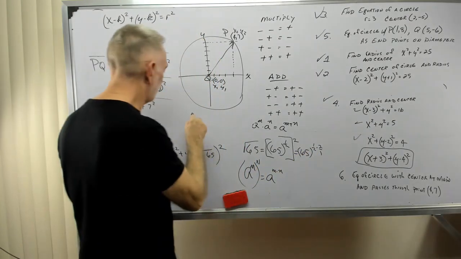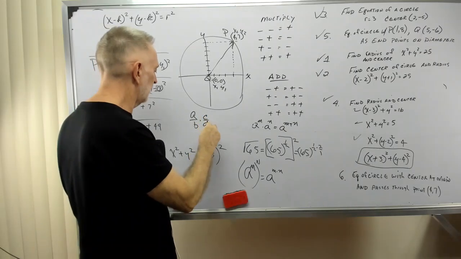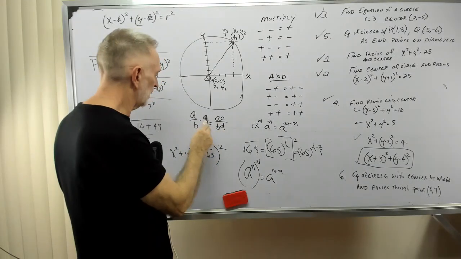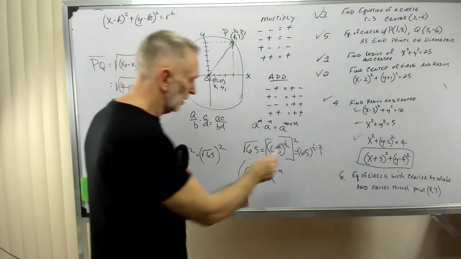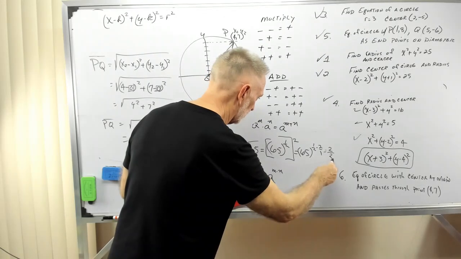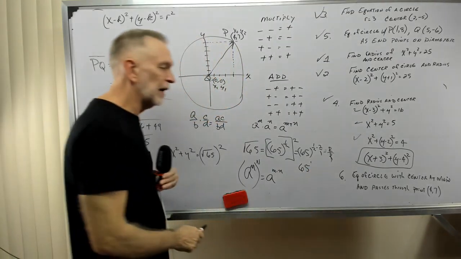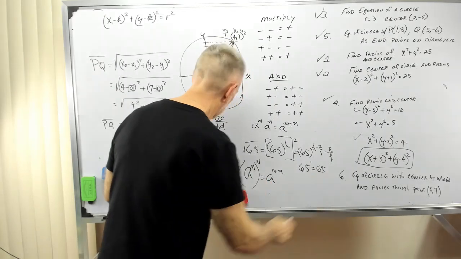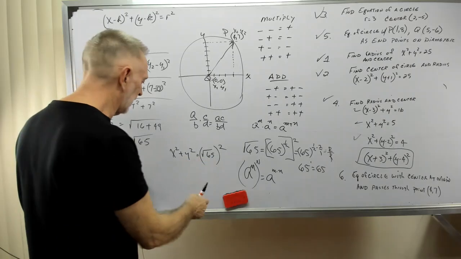When you multiply fractions, a over b times c over d, that's ac divided by bd. I'm multiplying numerator times numerator, denominator times denominator. 1 times 2 is 2. 2 times 1 is 2. 2 over 2 is 1. So I have 65 to the first power, or just 65. So square root of 65 squared is 65.